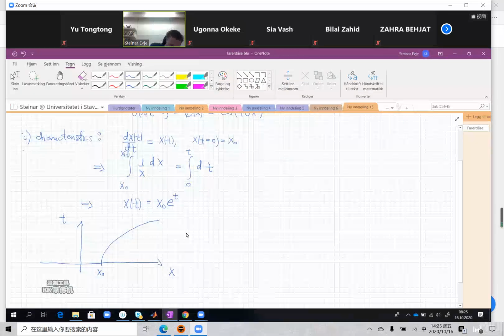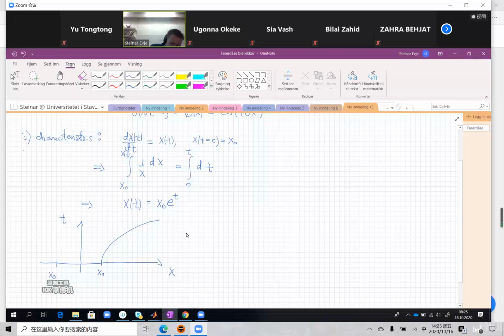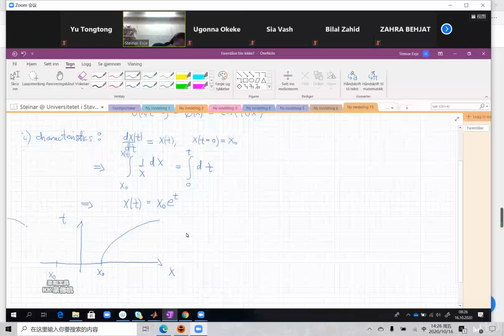But then we also note that if we start with an x0 which is negative, this will give rise to a similar exponential behavior, but now with a negative sign, so it will take the same form but towards the left.